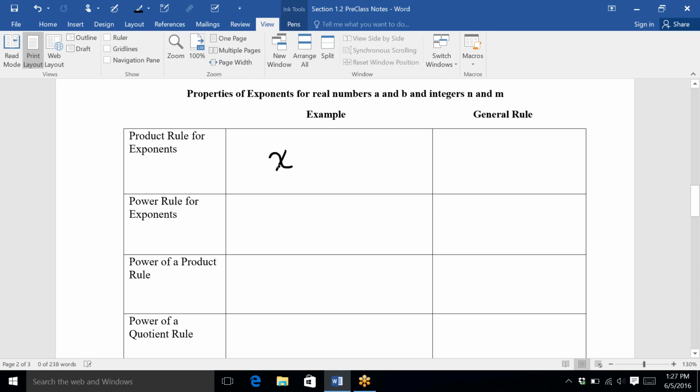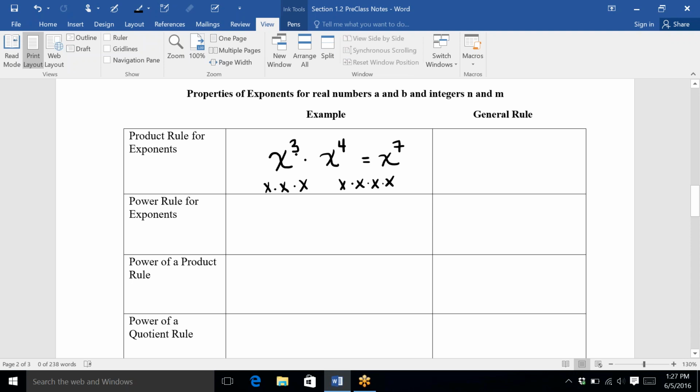So if I have something like x to the third times x to the fourth. In shorthand, that's what we have. If you think about this as longhand, this is 3 x's for the first group, and then 4 x's for the second group, which is a total of 7 x's. Now we can get that a lot quicker if we realize that 3 plus 4 is 7.